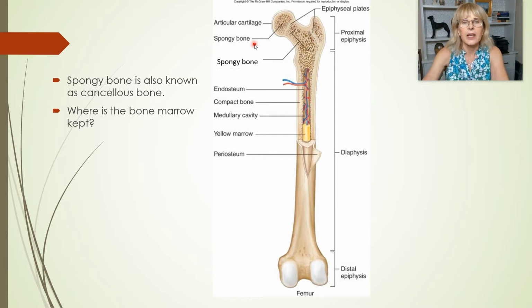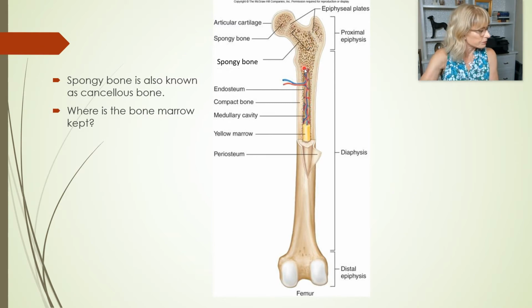Because actually, on this particular image in your textbook, and probably also on the lecture PowerPoints, this area right here is labeled space for red marrow. Well, spongy bone is where the red marrow that gives birth to your blood cells lives. So all those little spaces in between the spongy bone bits, that's where your red marrow would live. That is true. But it is also true that it looks like a sponge and it is spongy bone, right?